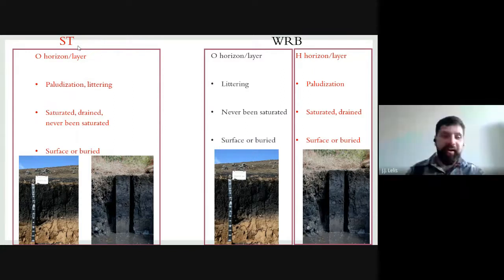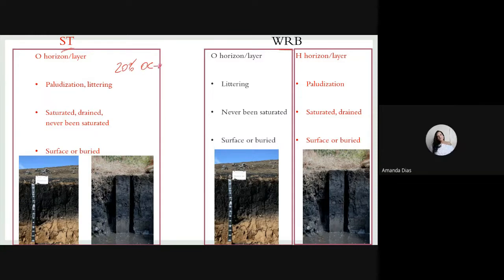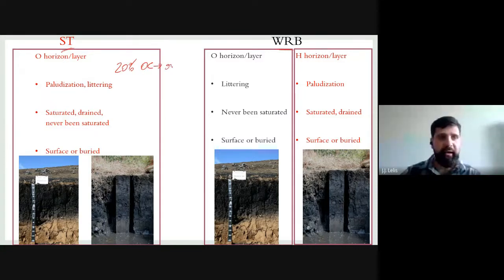Maybe it's not only an explanation about why we use different values. We have different contents. Just to share a background with Millie, soil taxonomy and WRB use the same content. They use 20% of organic carbon to identify an organic layer or organic horizon.